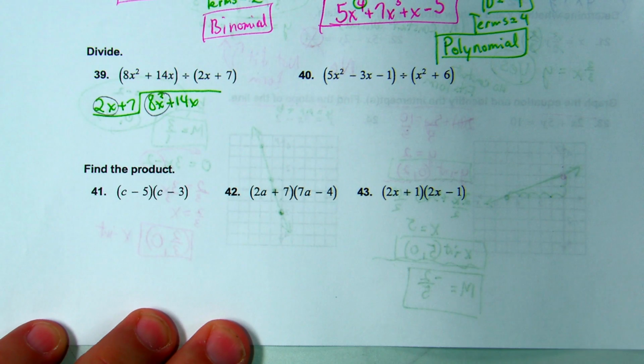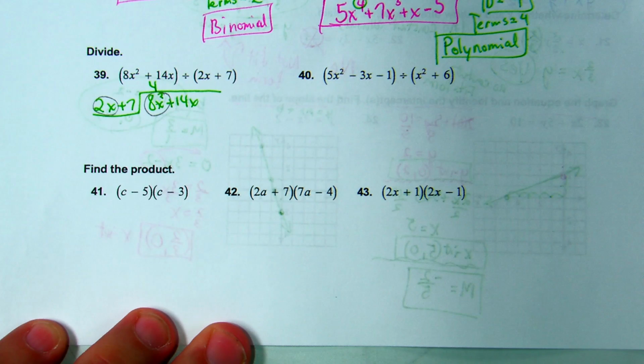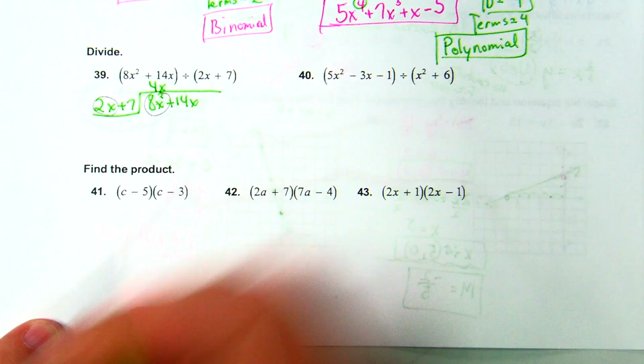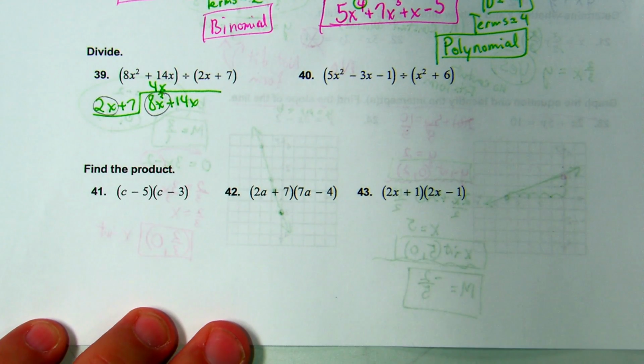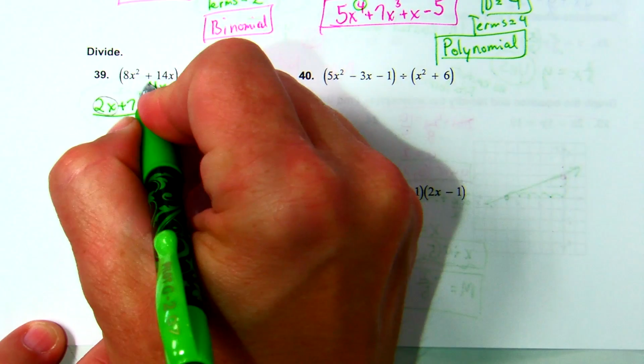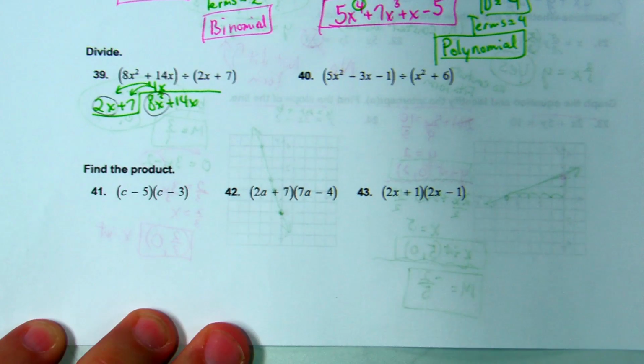All right, so what times 2 will give me the 8? That's a 4. And what times x will give me the x squared? That's just one more x. So I'm going to have 4x. And I'm going to multiply this times everything in this divisor, this 2x plus 7.